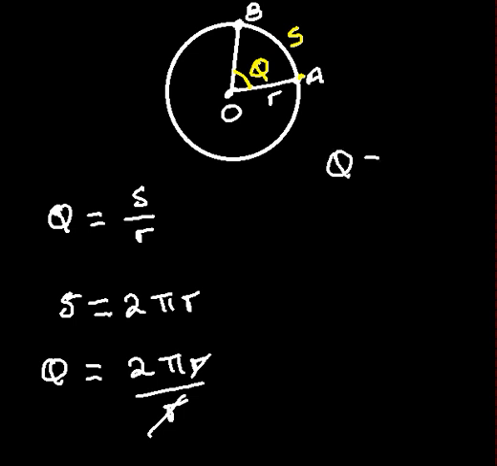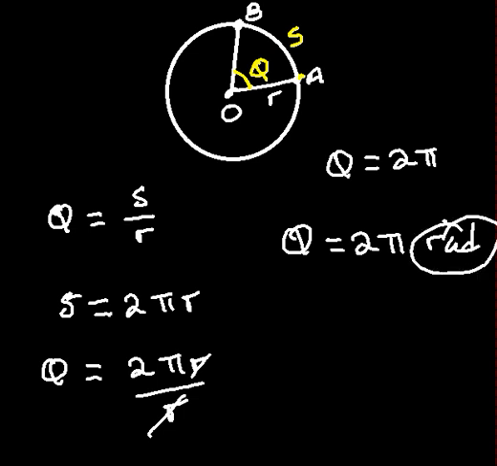The angle at the center will be given as 2 pi. Now what we have is the angle being measured in radians. That is, the angle at the center will be 2 pi rad. So the angle measured in radians has the SI unit rad.